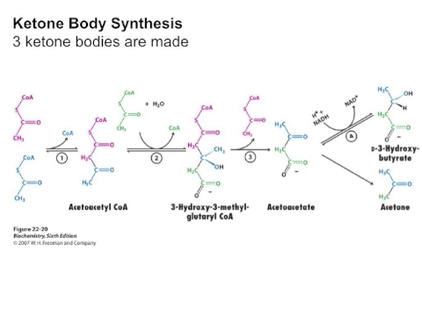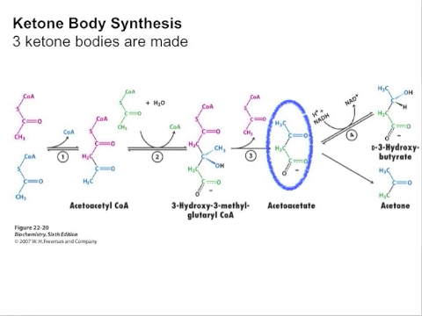Then a third acetyl-CoA and water are used to make 3-hydroxy-3-methylglutaryl-CoA, and coenzyme A is released. Following this, one molecule of acetyl-CoA is released to produce acetoacetate. This is one of the three ketone bodies.